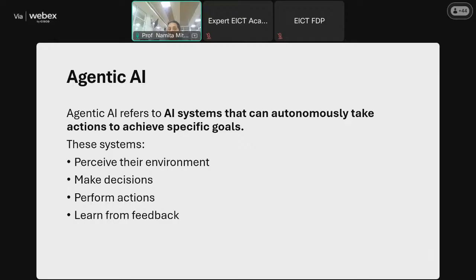Again, agentic AIs are AI systems that can autonomously take actions to achieve a specific goal. These systems perceive their environment, the external factors, and make decisions. They take their own decisions; they don't have to depend on my voice or wait for my decision.